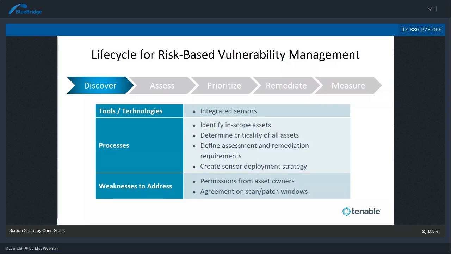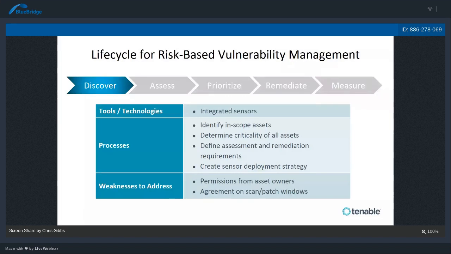And those sensors are effectively the Nessus scanners that are linked to the management tool, IO or SC. In this case, we're going to focus on IO. We have agents, and we have passive scanning technology as well to passively detect new devices and vulnerabilities within the environment.